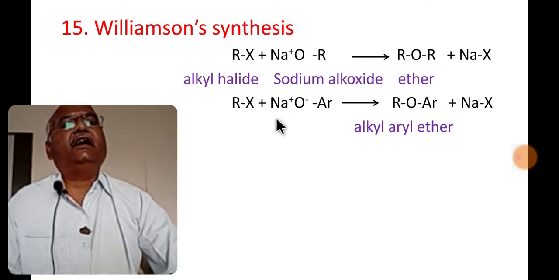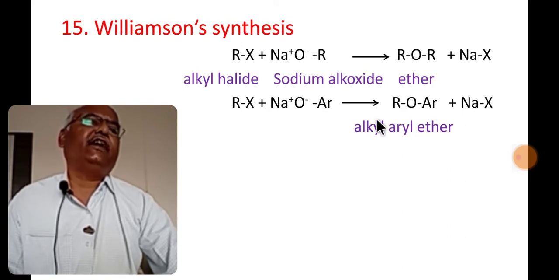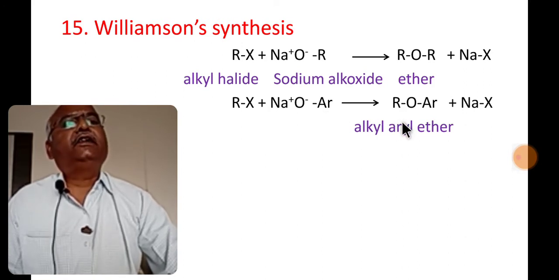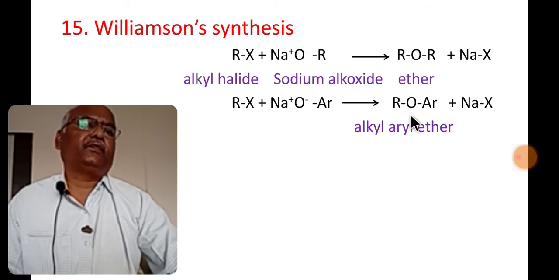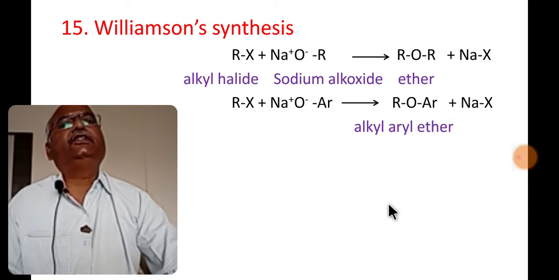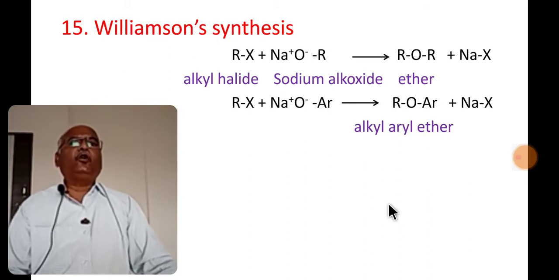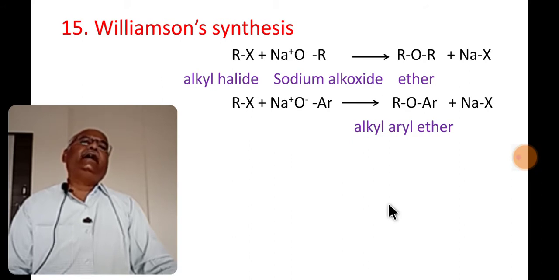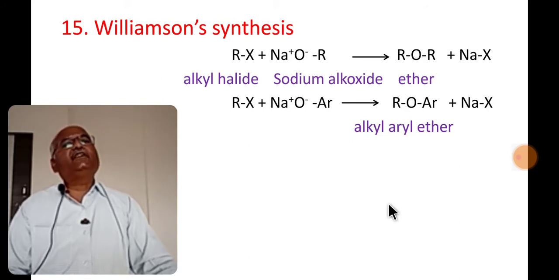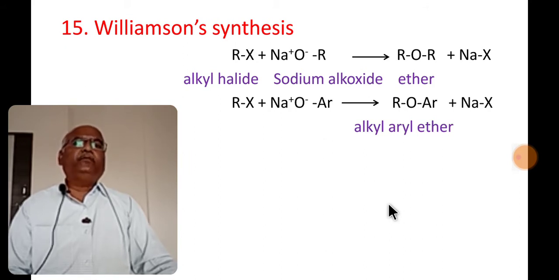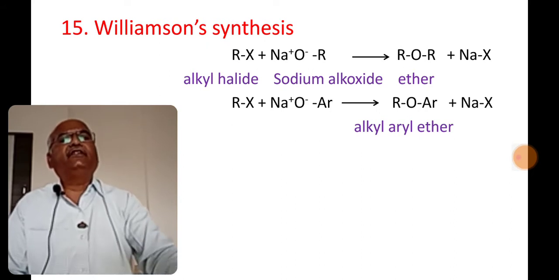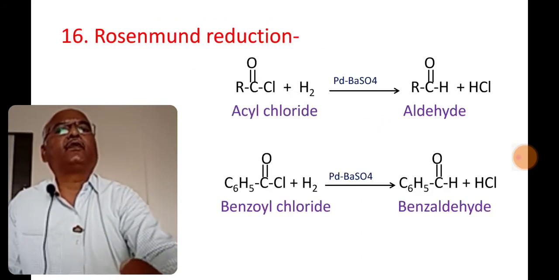Alkyl halide and sodium aryl oxide give alkyl aryl ether. So this reaction is also important, and the question is important for 2 marks. Write a note on Williamson's synthesis, or how will you prepare simple ether and mixed ether by Williamson's synthesis.